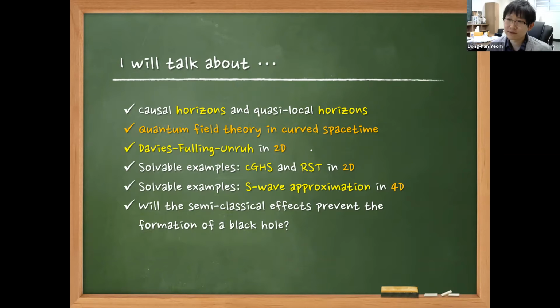So up to my knowledge, the only doable computations, I mean, in terms of numerical computations, are the two-dimensional formula, which is known as the Davies-Fulling-Unruh formula. By using the Davies-Fulling-Unruh formula, we can write the complete form of the energy momentum tensor in two-dimensional cases.